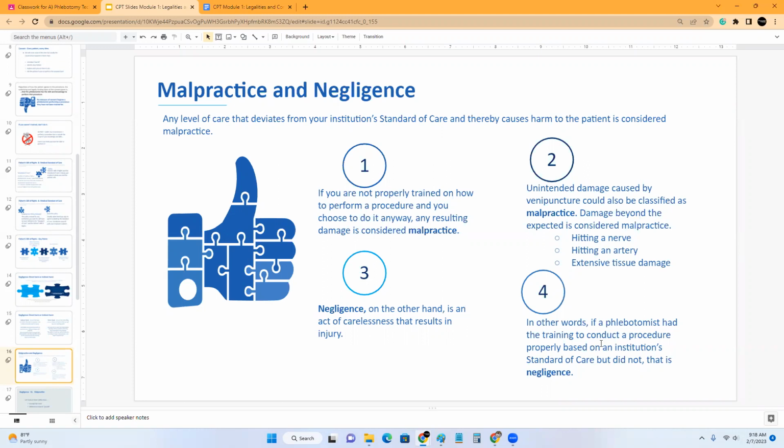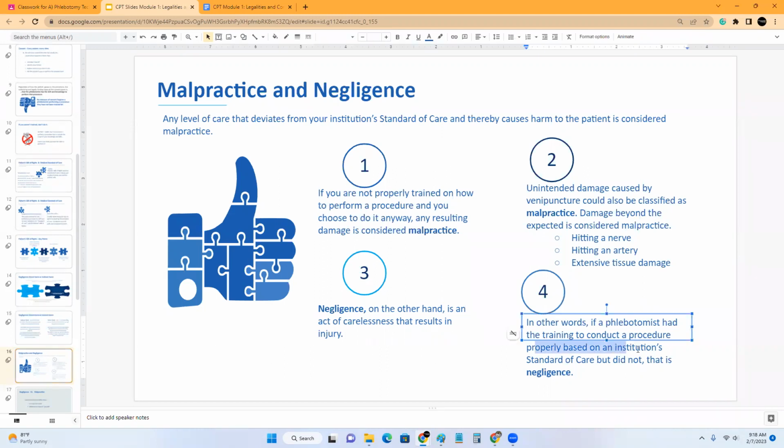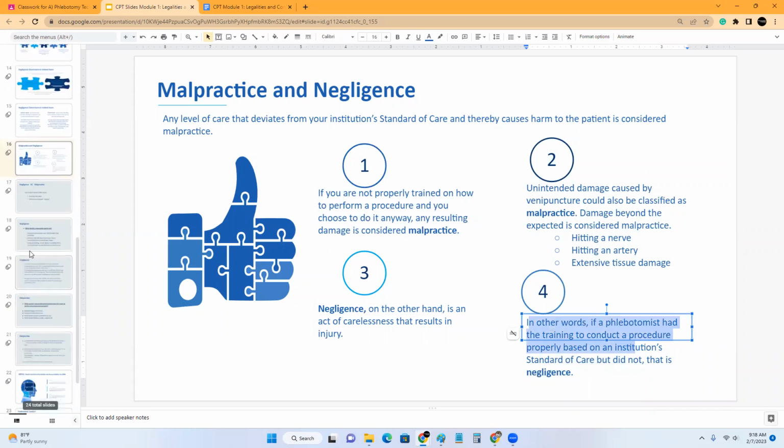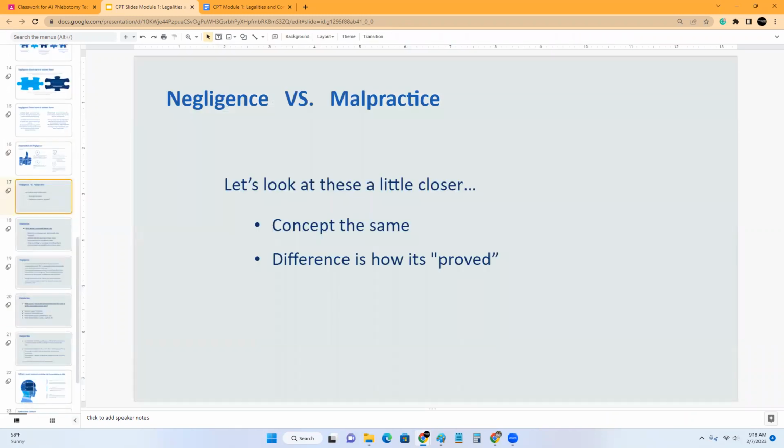In other words, if a phlebotomist had the training to conduct the procedure based on an institution's standard of care, but chose not to, that is negligence. So it doesn't take somebody trained in phlebotomy to know that this person just didn't follow the standard of care. It's written, it's there, clear as day for them to follow that process.